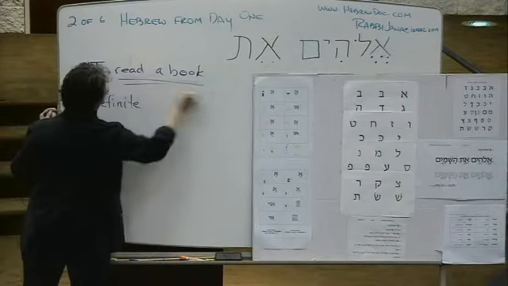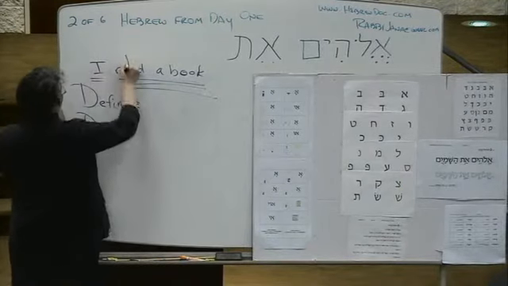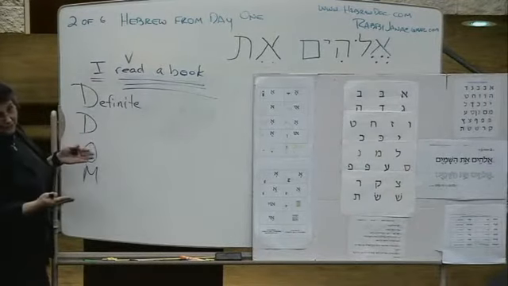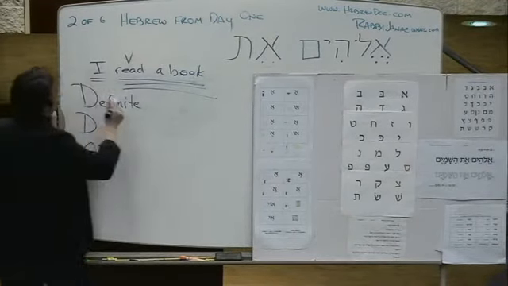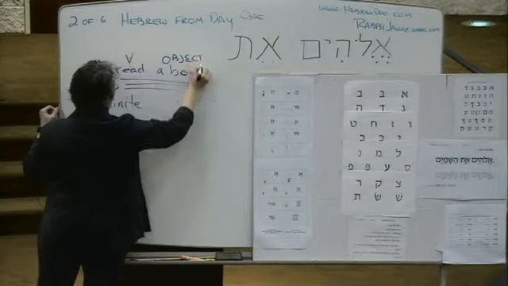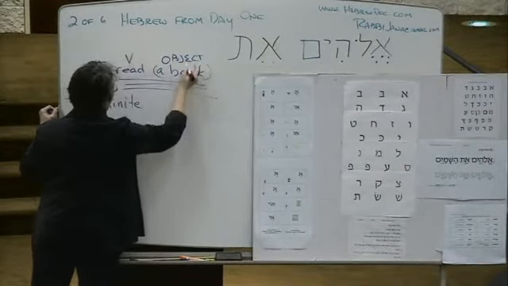Read a book is the predicate. Read is my verb. What's receiving the action of the verb? It's not a very active action, reading. But anyway, this is the object of the verb right here.